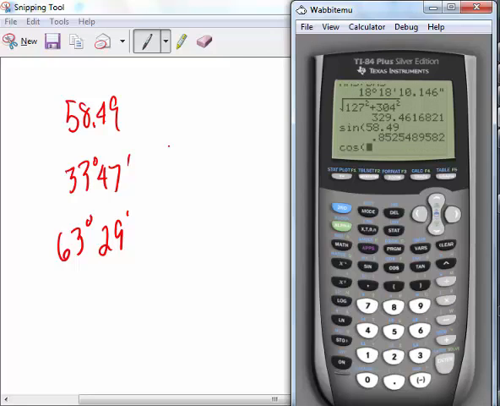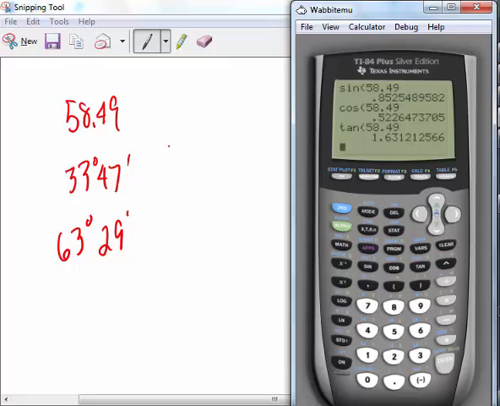Cosine of 58.49 is 0.52. And tangent, oh, we're supposed to give to 4 decimal places. Tangent of 58.49 is 1.63. I guess I shouldn't have done that one. I should have done one of the ones that was like that.